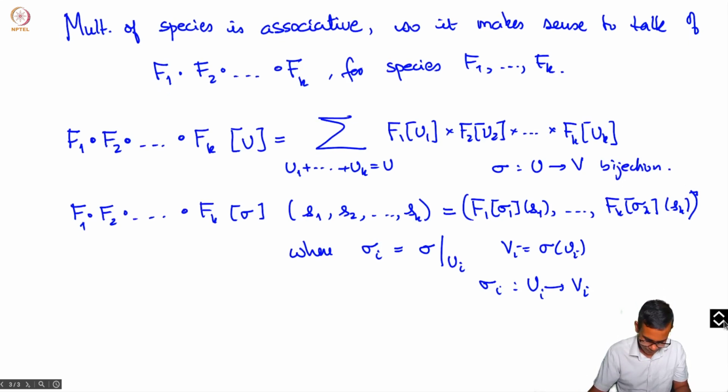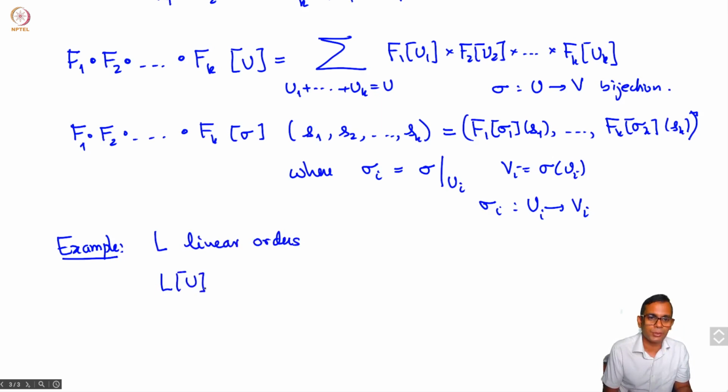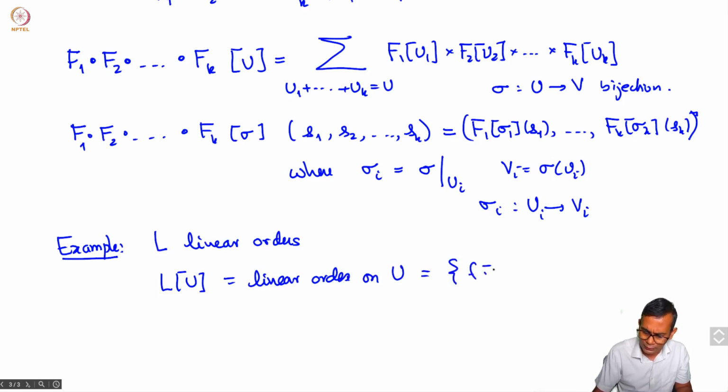Let's look at an example of this. So recall that L is the species of linear orders. So L of U is the ways of putting a linear order structure on U, which you can think of as functions.